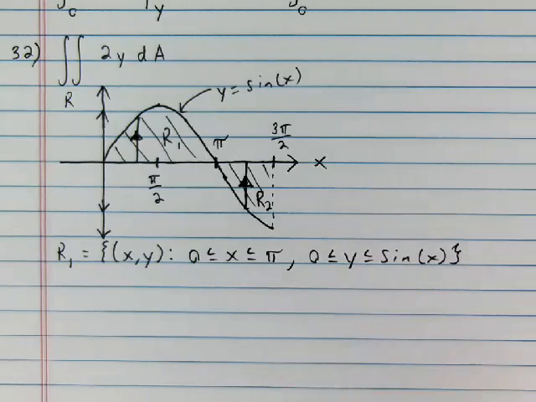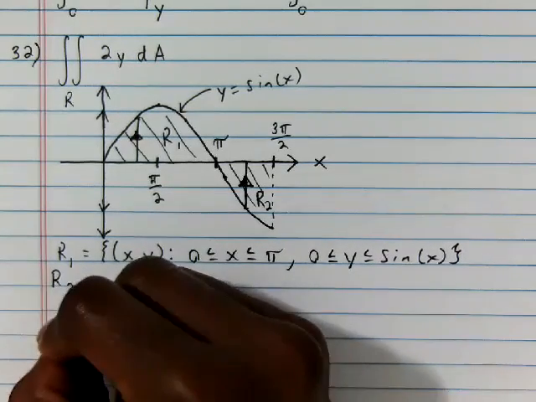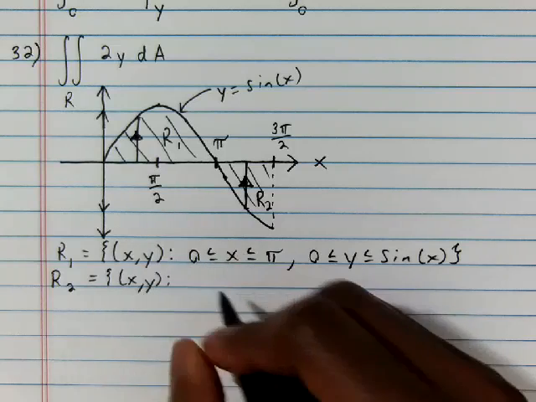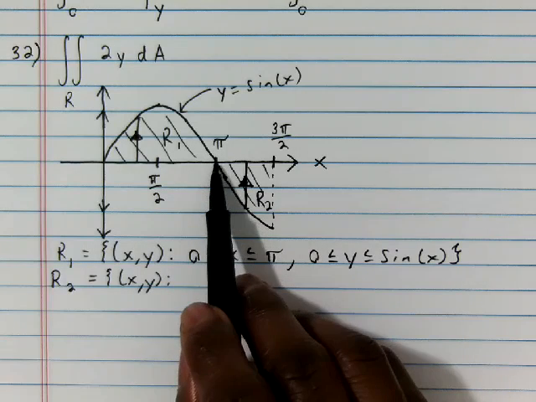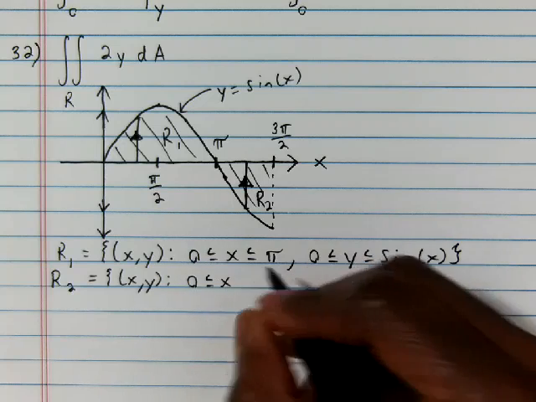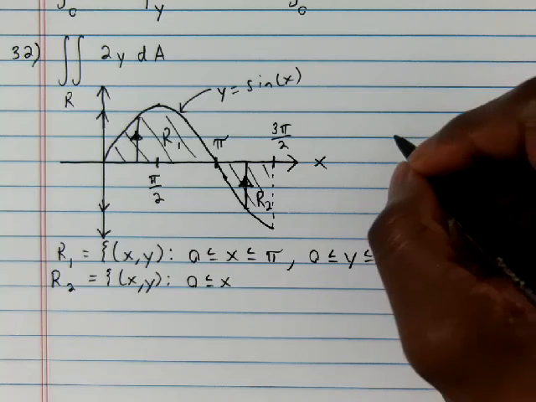And then for R2, that equals the set of points x, y, such that x goes from pi to 3 pi over 2. Oh, sorry, let's write what these are.